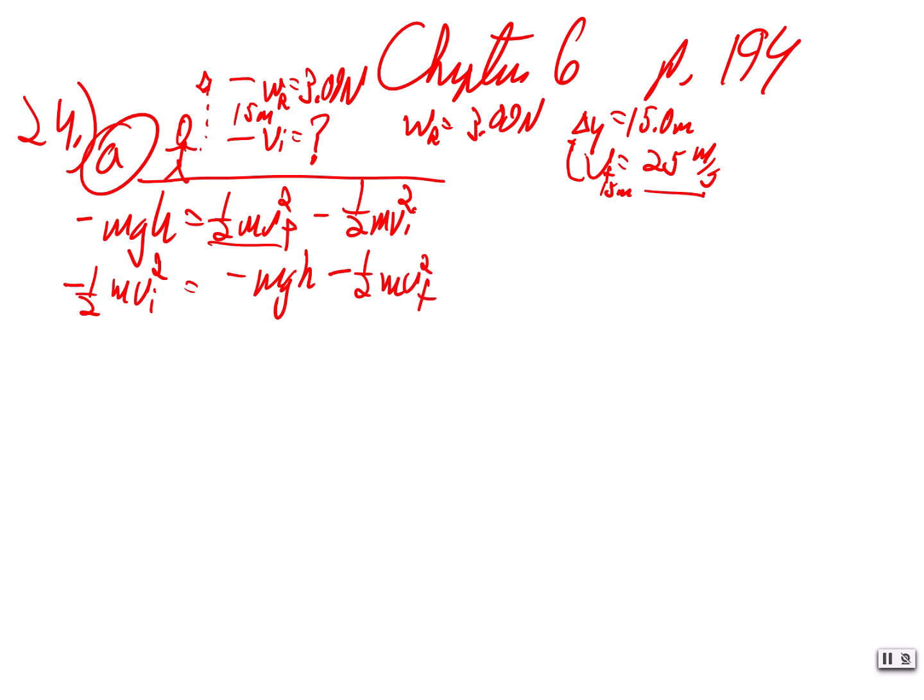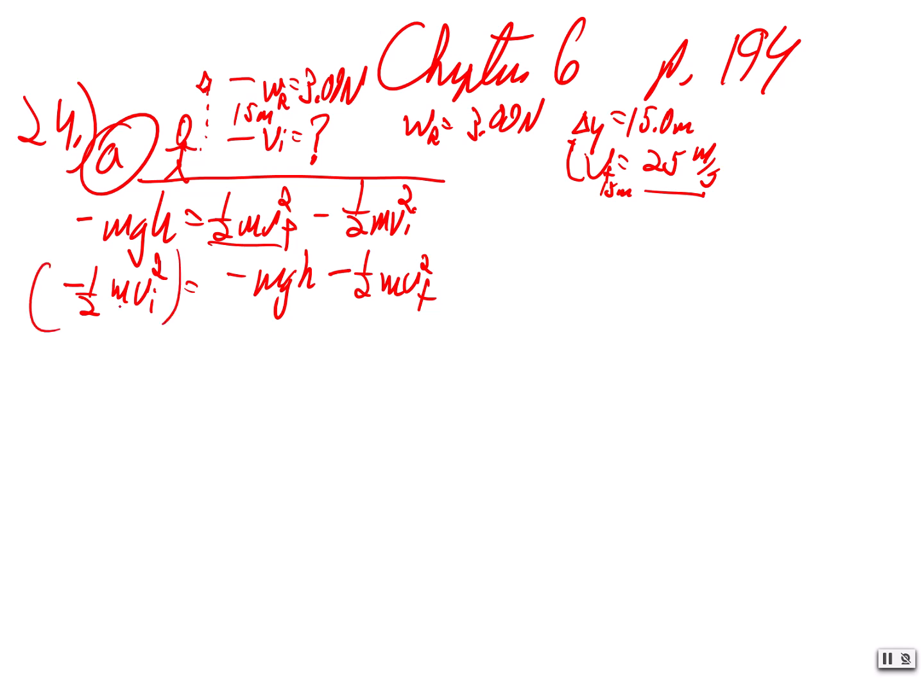So we're going to do that. Now let's do something else. Before I get too far ahead of myself, we can multiply both sides by 2. That would be a good thing to do. Let's multiply both sides by 2 to get rid of the halves.